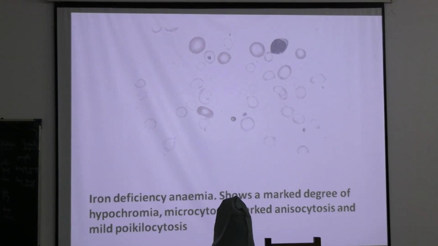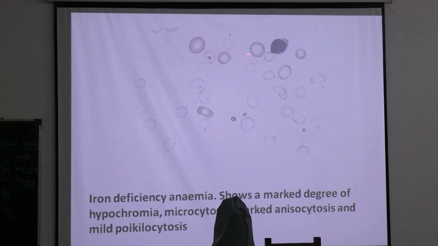Now, you please describe the RBCs here. Here a lymphocyte is present. Can you see the small lymphocyte? Now, you tell me what you can see here. Okay, very good. So, these are microcytic RBCs. Hypochromic, are they?